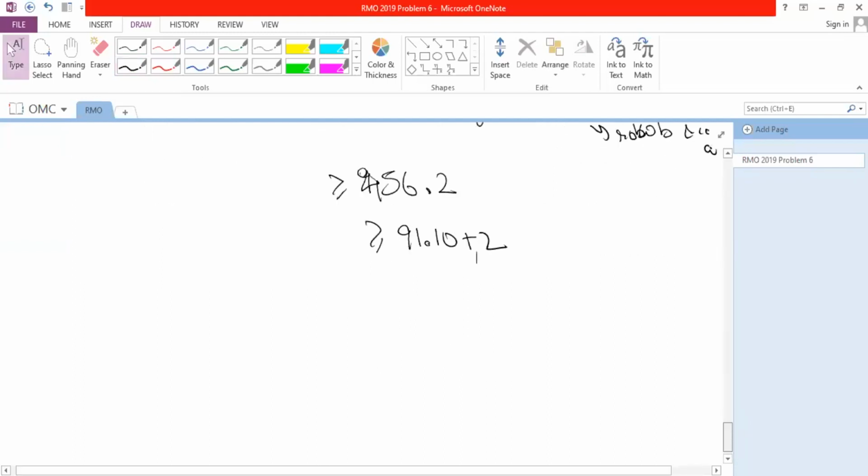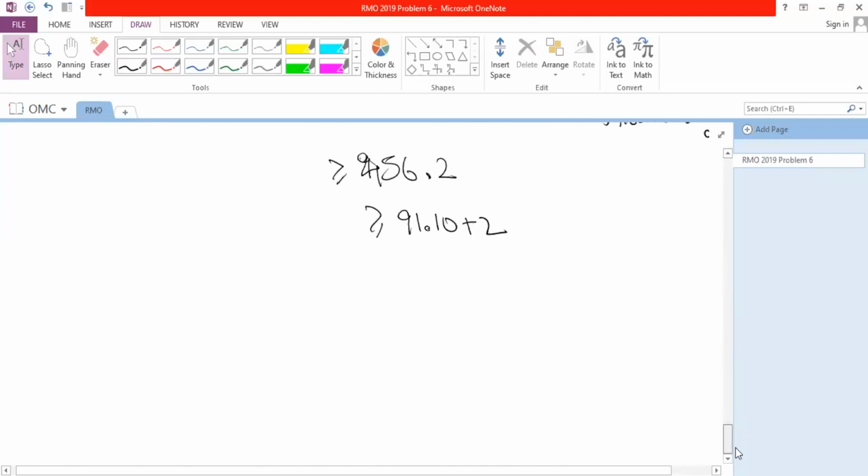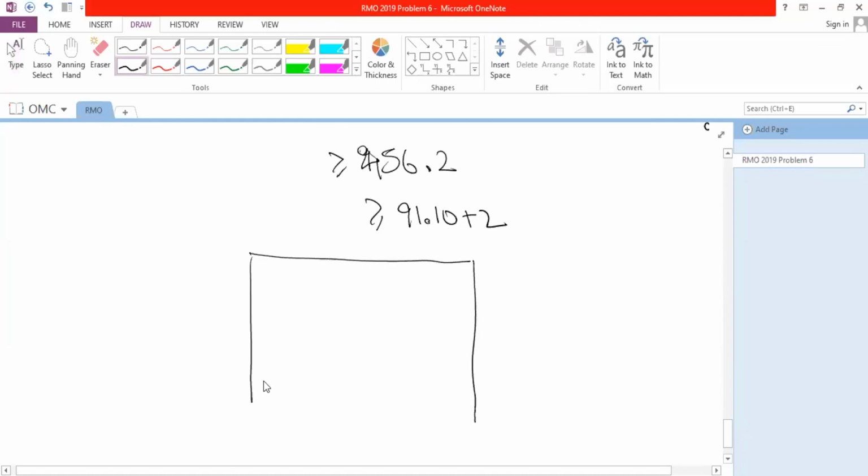Great. So what do we want? We want 4 numbers A, B, C, D such that GCD of A comma B is 1, GCD of B comma C is 1, GCD of C comma D is 1, and GCD of D comma A is 1. So what does that mean?